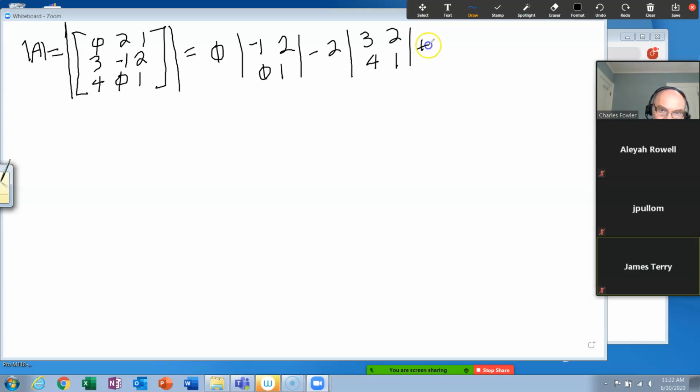It's sort of wiggling all over the field here. And the entry is 1, okay? And then what's the minor for that entry? You wipe out the first row here, the third column here, and the minor is 3, -1, 4, 0. So it's times the determinant of 3, -1, 4, 0.